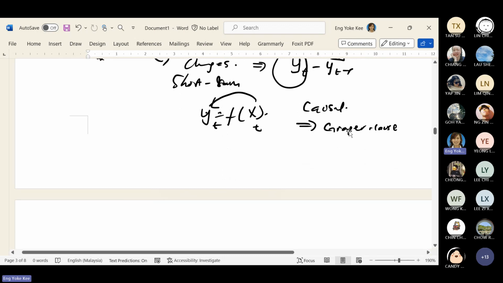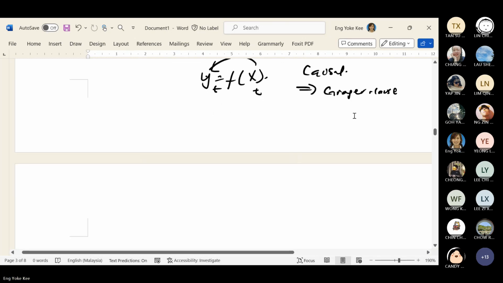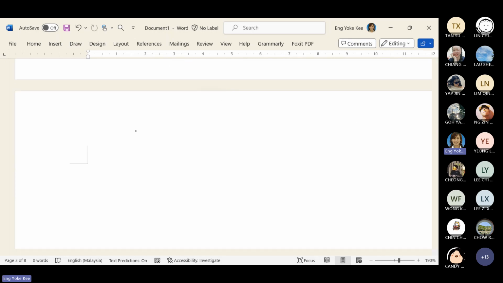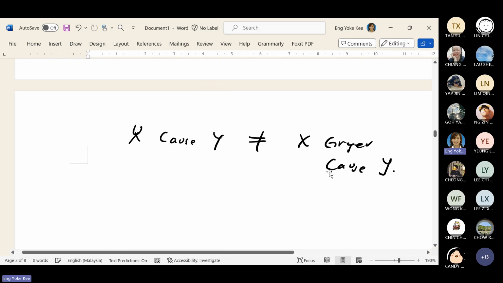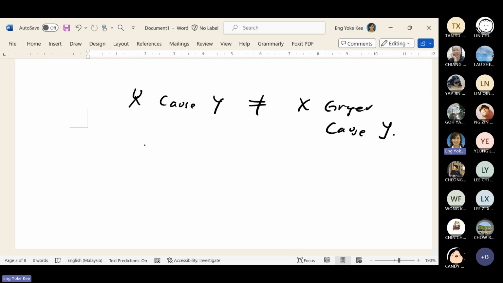The Granger causality test that you learn in your econometrics is different from the common understanding of X causes Y or Y causes X. X causes Y is different from X Granger causes Y, a different meaning. If I say X causes Y, it means X must happen first, then Y will receive the impact.